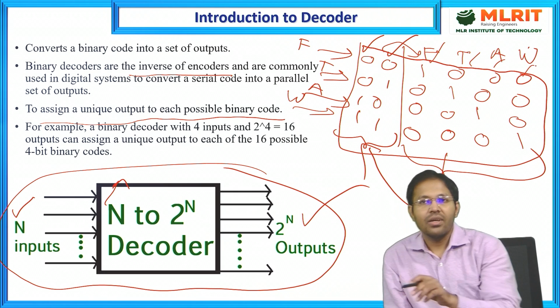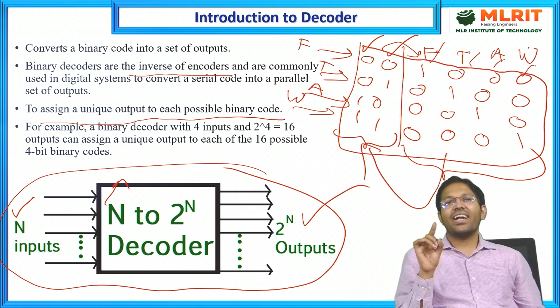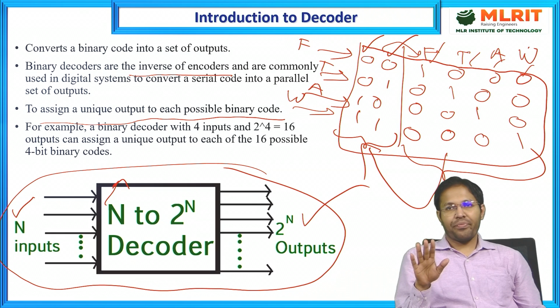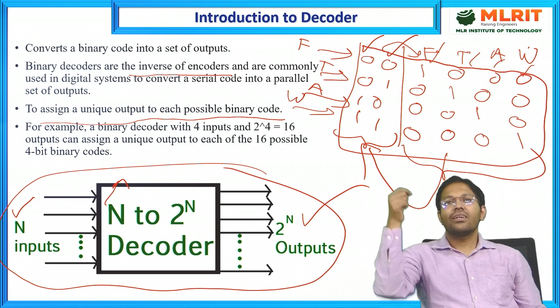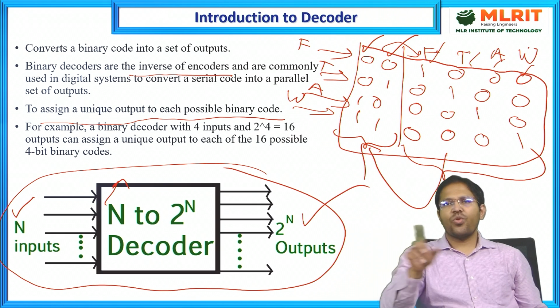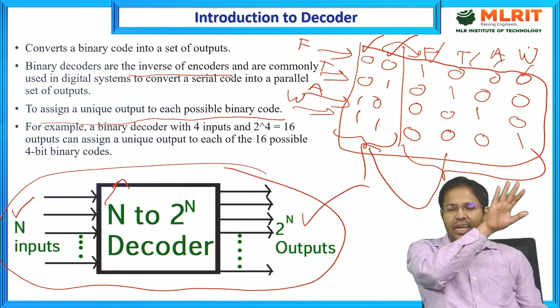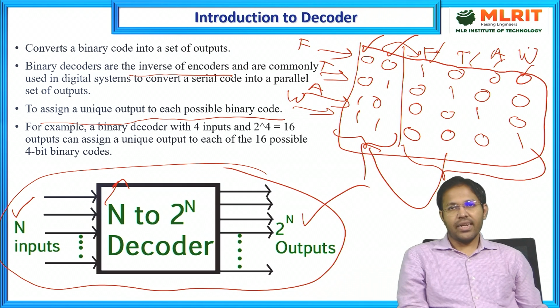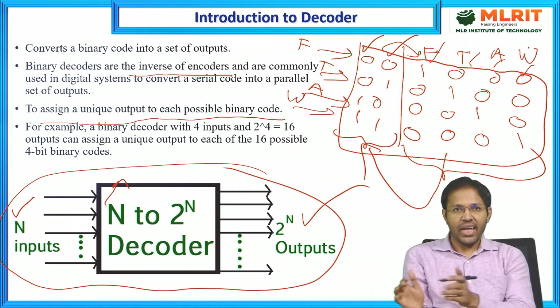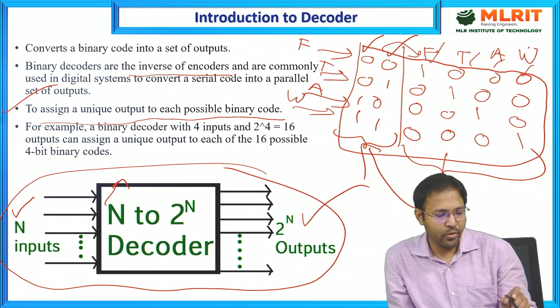Because usually we only control one output. For one switch, you want one output. You don't want to switch on, say, the tube light and fan together, right? You want individual controllability.